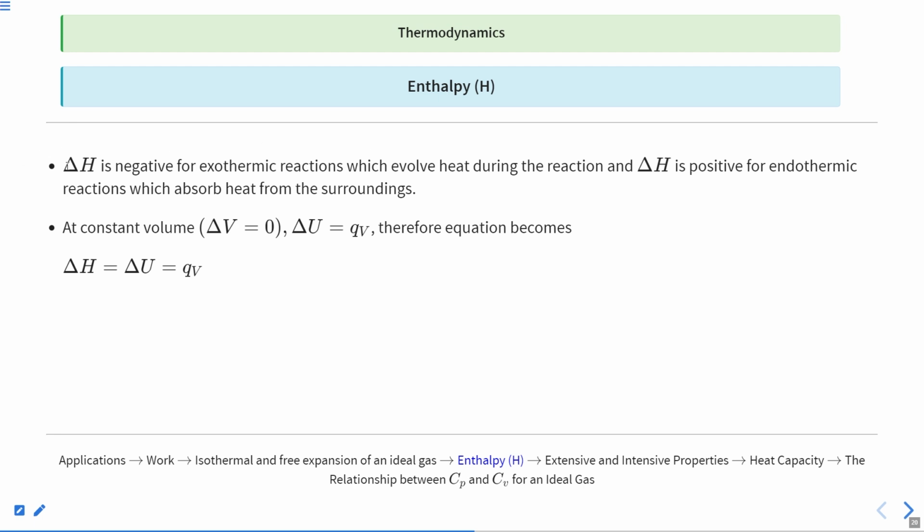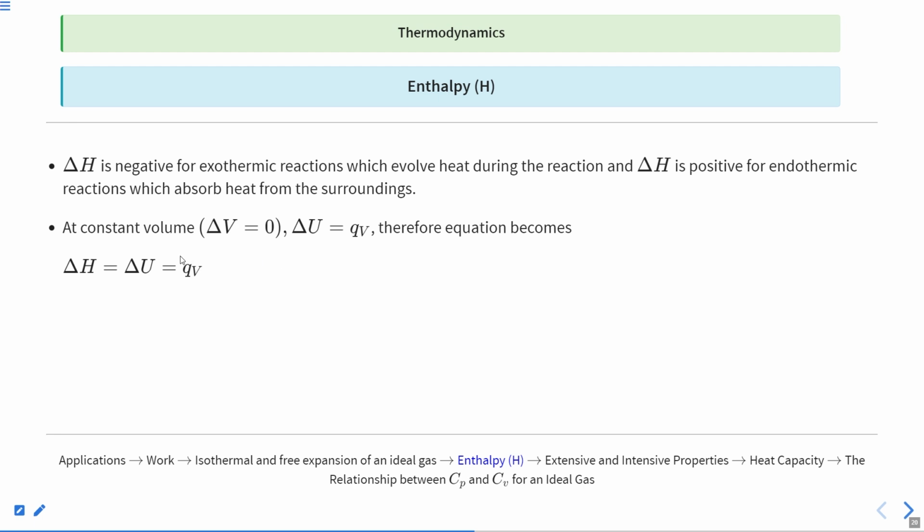If you are doing a process and in that process heat is evolved, then we call it an exothermic process, and delta H is negative in that case. And if the heat is gained or absorbed by the system, then we call it an endothermic process, and delta H is positive in that case. Clear?